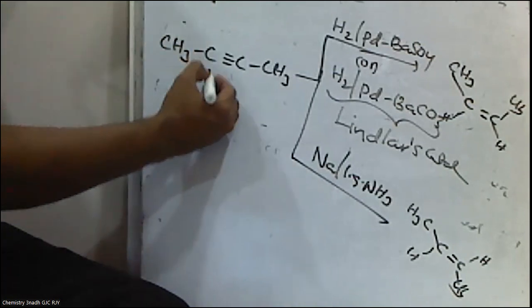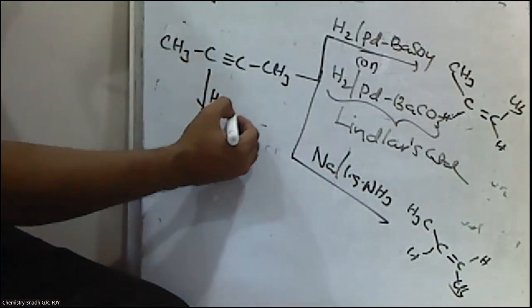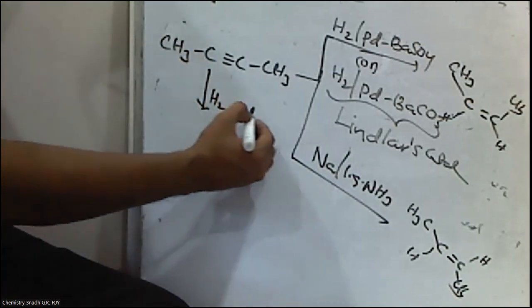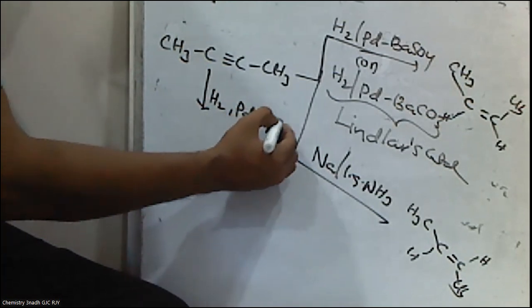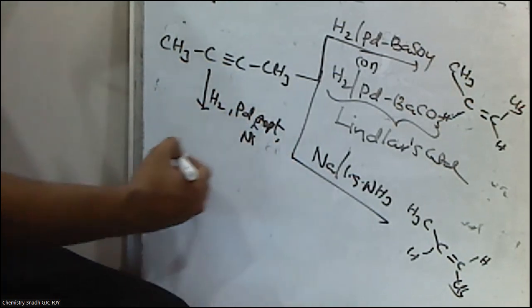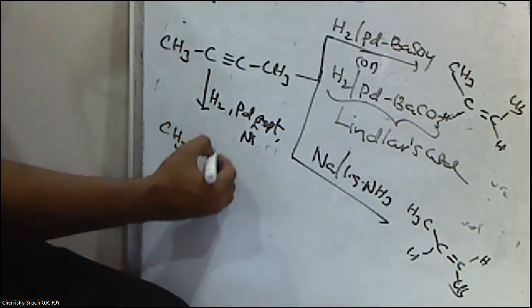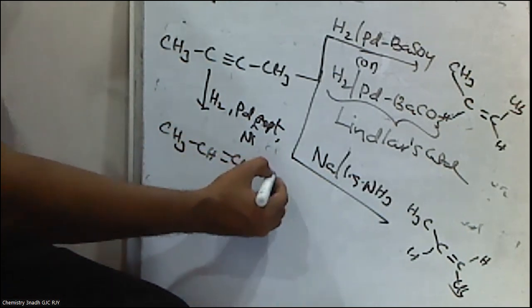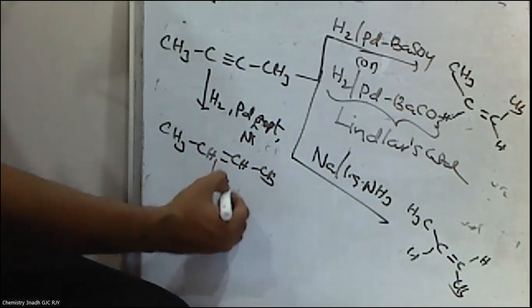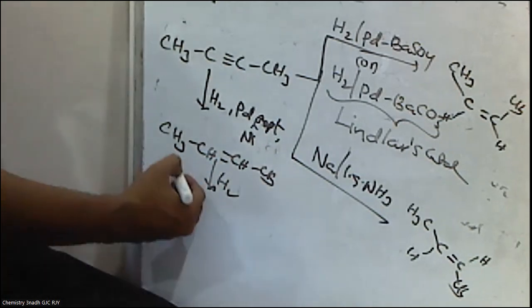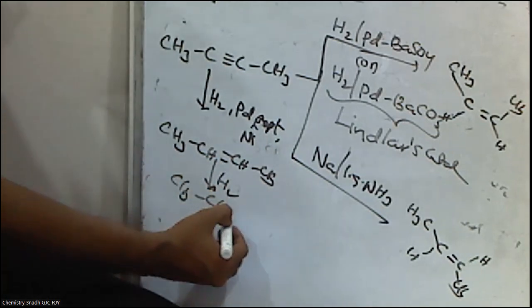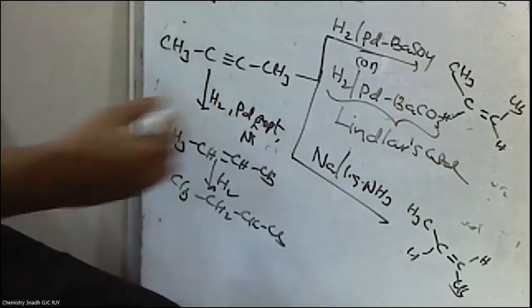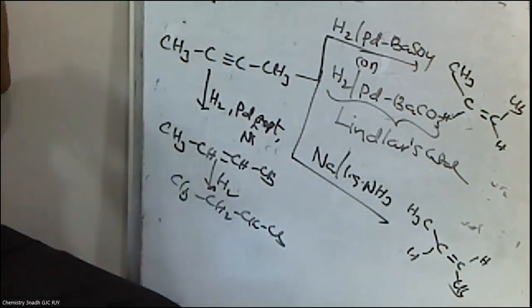So when alkynes are treated with H2 in the presence of platinum, palladium, or nickel, you initially get alkenes, but they immediately react further and form alkanes. You won't isolate the alkenes.